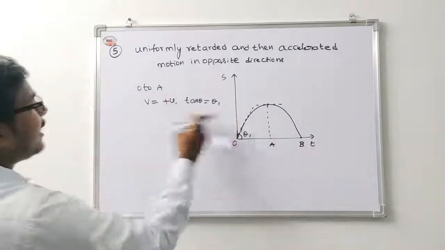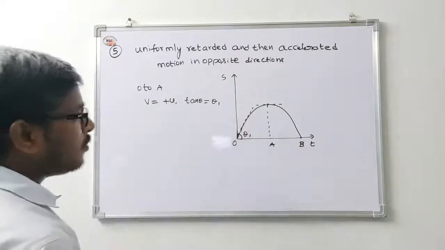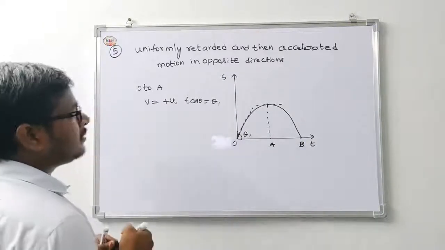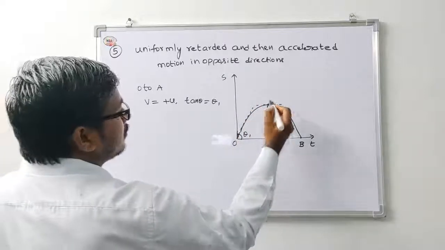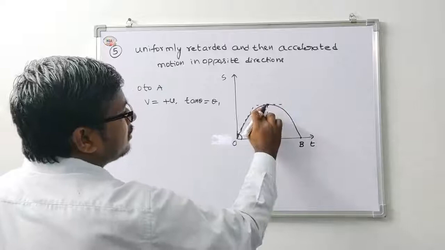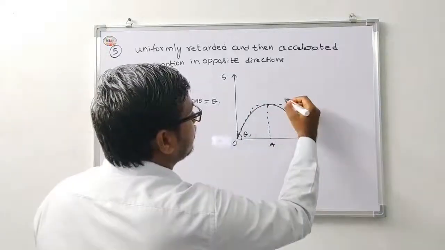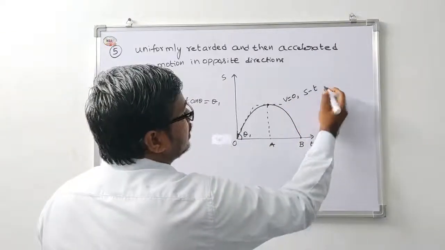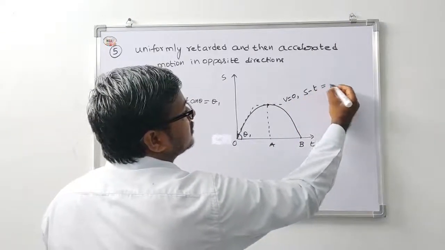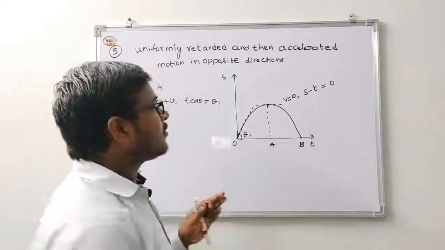In this O to A, v is equal to plus u. From position A, the particle is at rest, v is equal to 0, the slope of the position time graph is 0, tan theta is equal to 0.